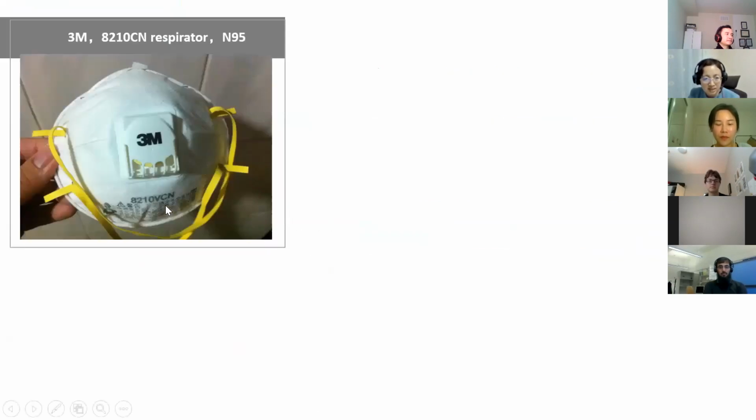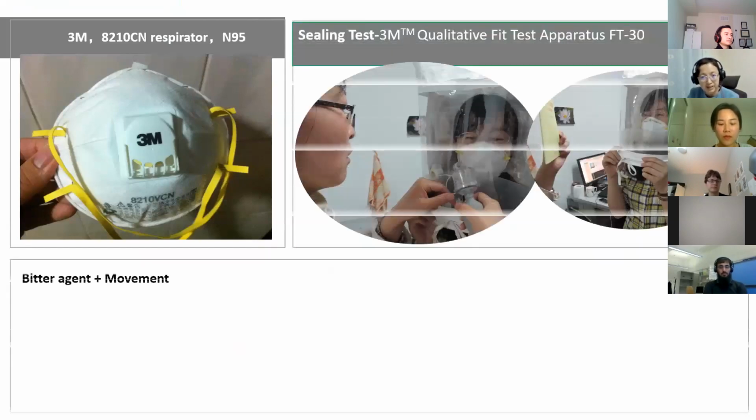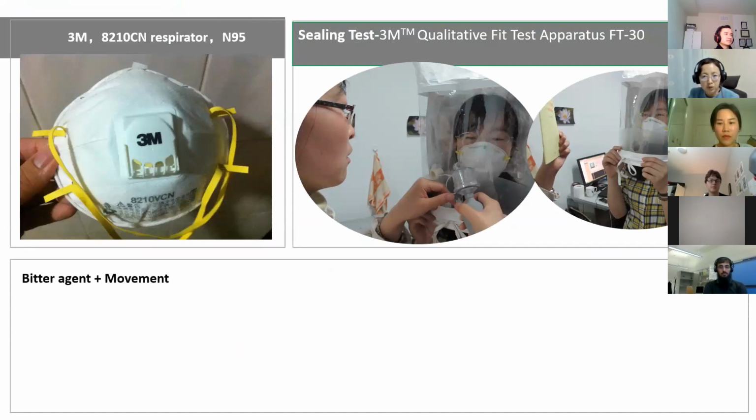Actually, we tested the fine particle preventive respirators on the market. We just bought the respirators, and we also did a test for each volunteer when they wear the respirators: does the respirator really fit their face?